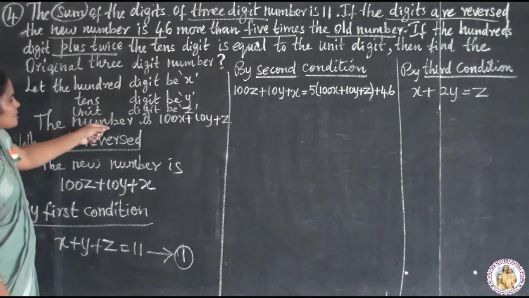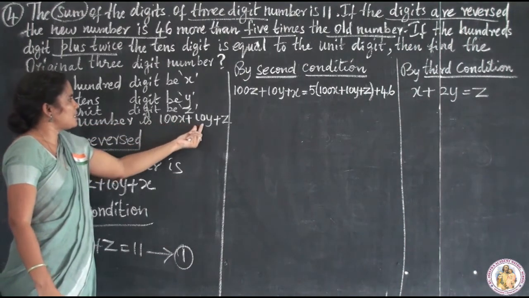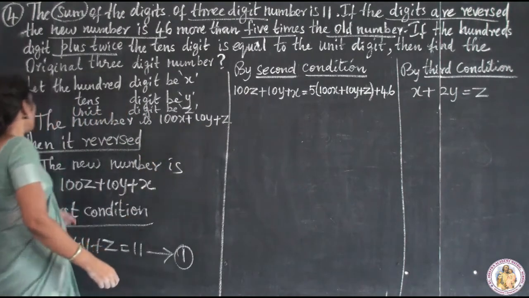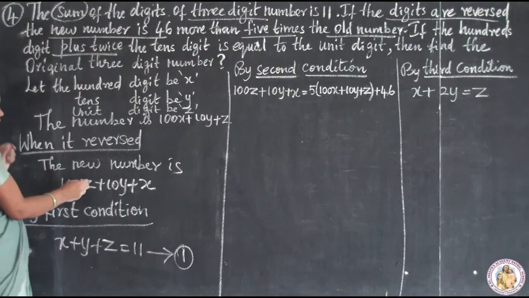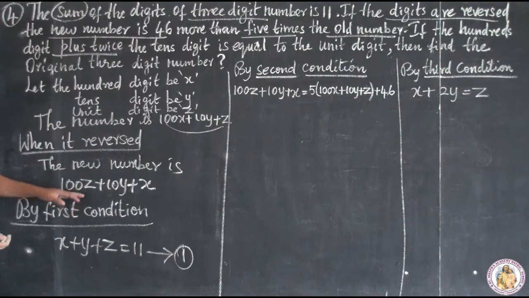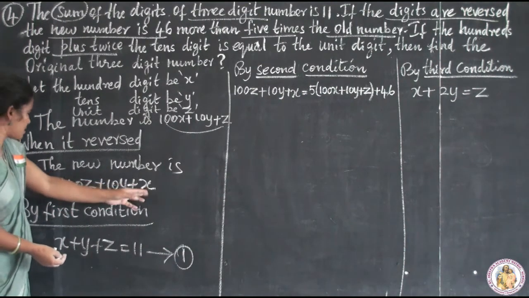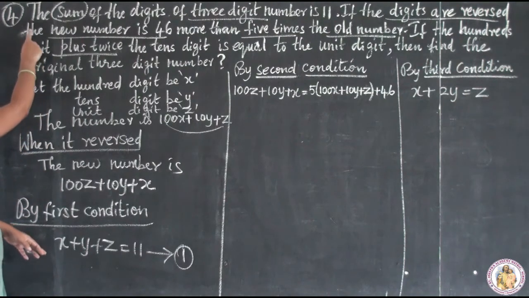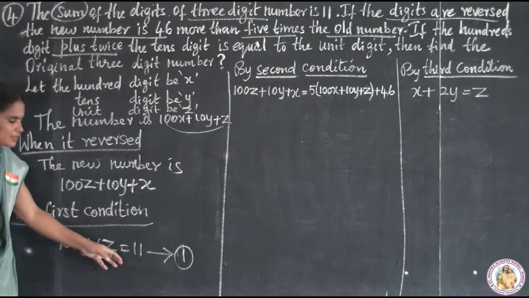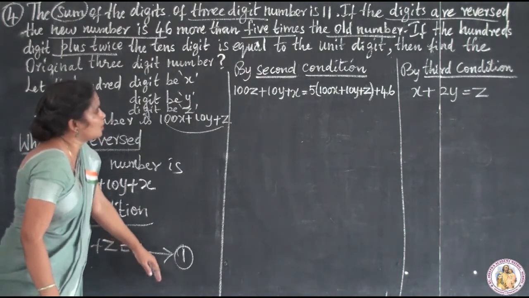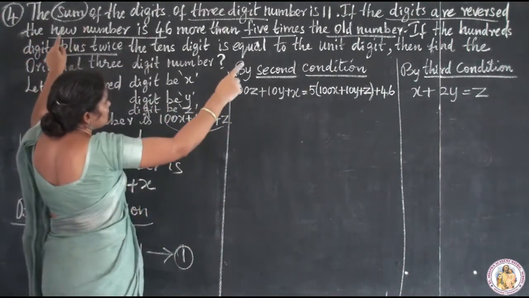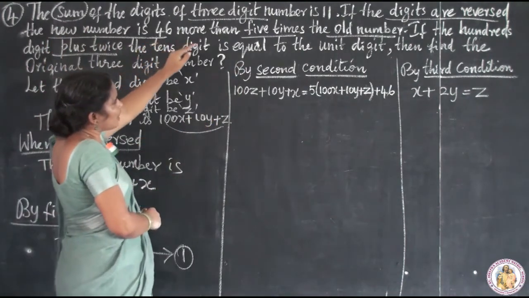The number is hundreds digit 100x plus tens digit 10y plus unit digit z. When the digits are reversed, the new number is 46 more than 5 times the old number.